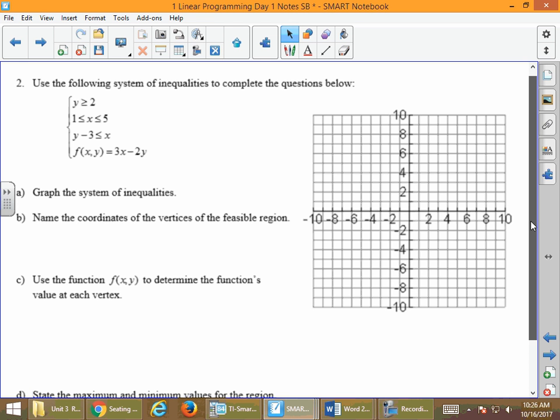Well, in other words, what we're going to be graphing is y equals 2. And what axis do we cross when we're graphing y equals 2?